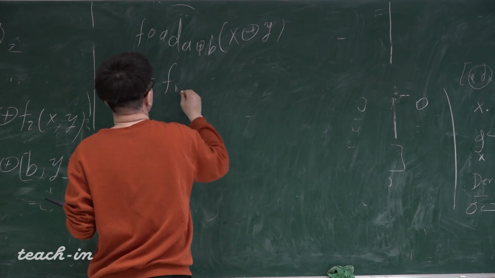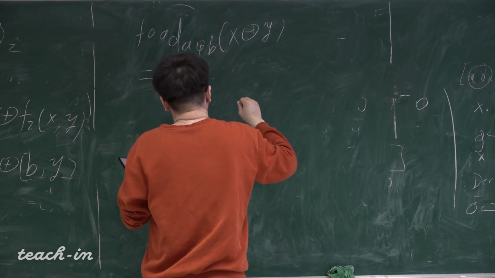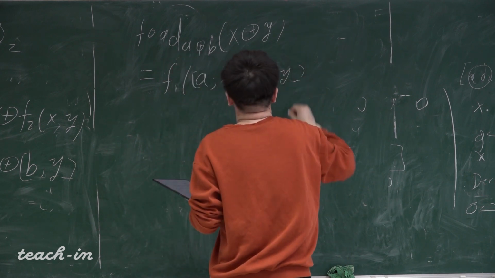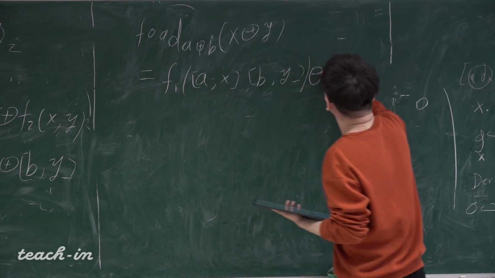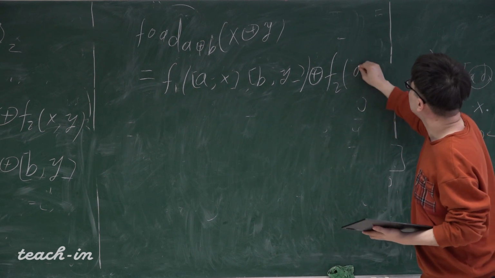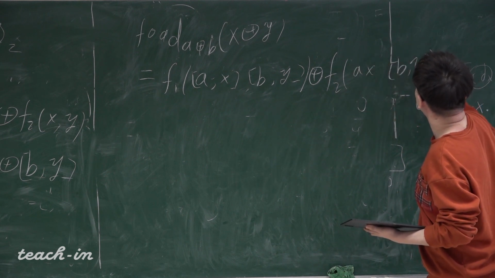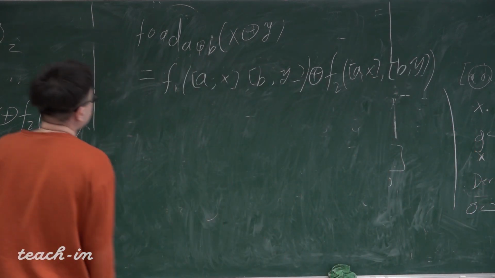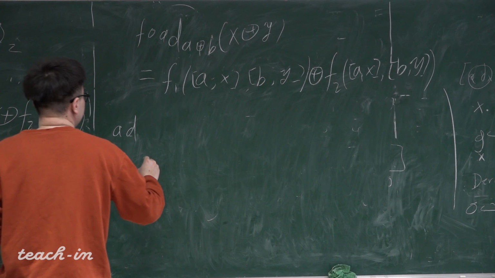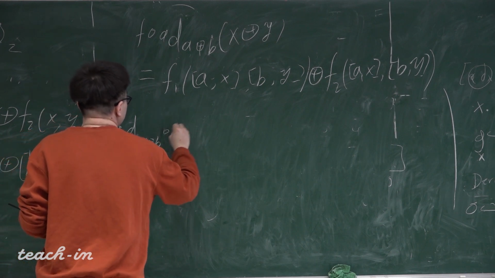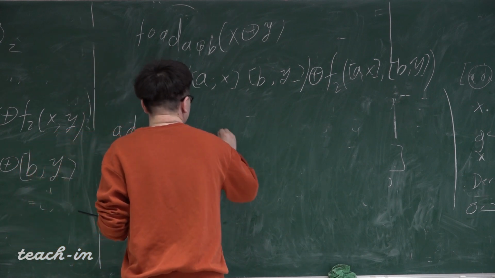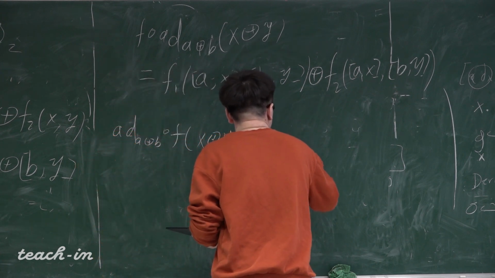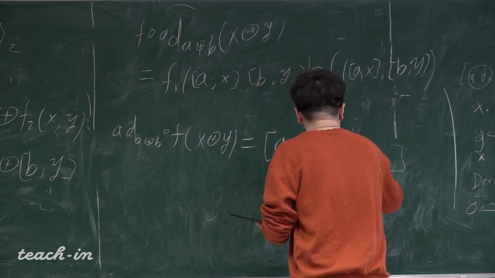It will be f1 of a x b, and f2 of a x b y. Same thing for the other commutator.